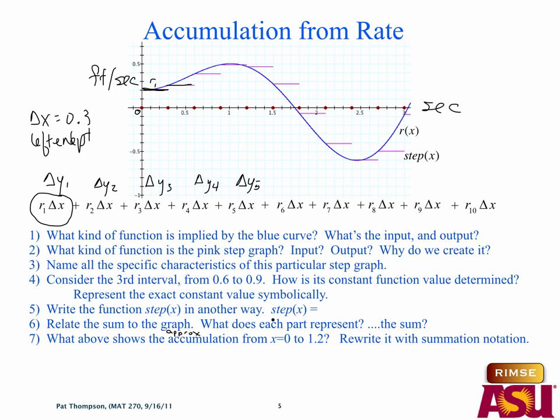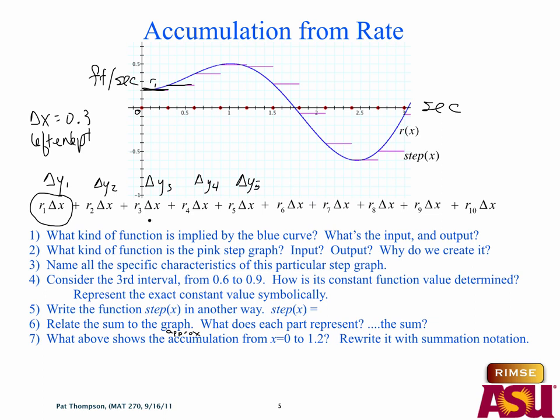Maybe I should back up. I said very loosely that this whole sum from the first term through the 10th term was an accumulation of distances traveled by taking little bits of changes in distance. But how far did that actually take me?